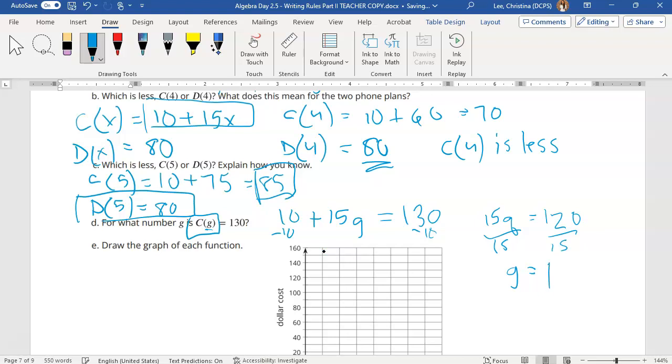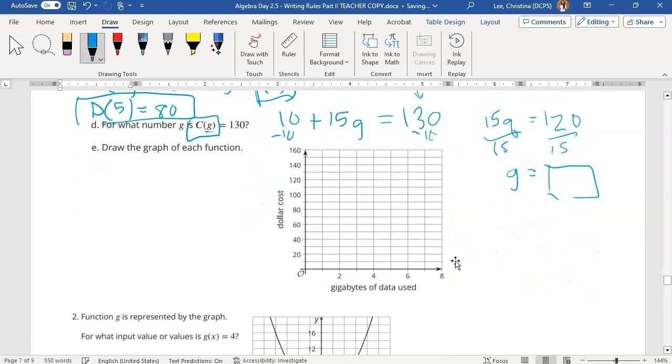So find out what G equals when C of G is 130. This means that for that amount of gigabytes, the cost of this plan is going to be $130. Based on our other calculations for 4 gigabytes and 5 gigabytes, whatever is going to equal 130 should be more than that, right? So you can check to see that your answer makes sense.